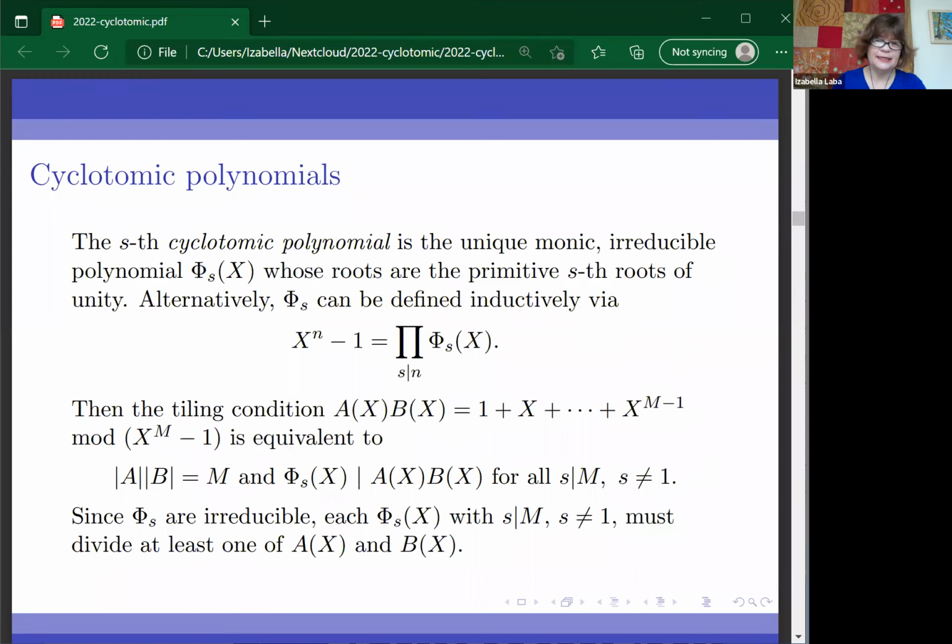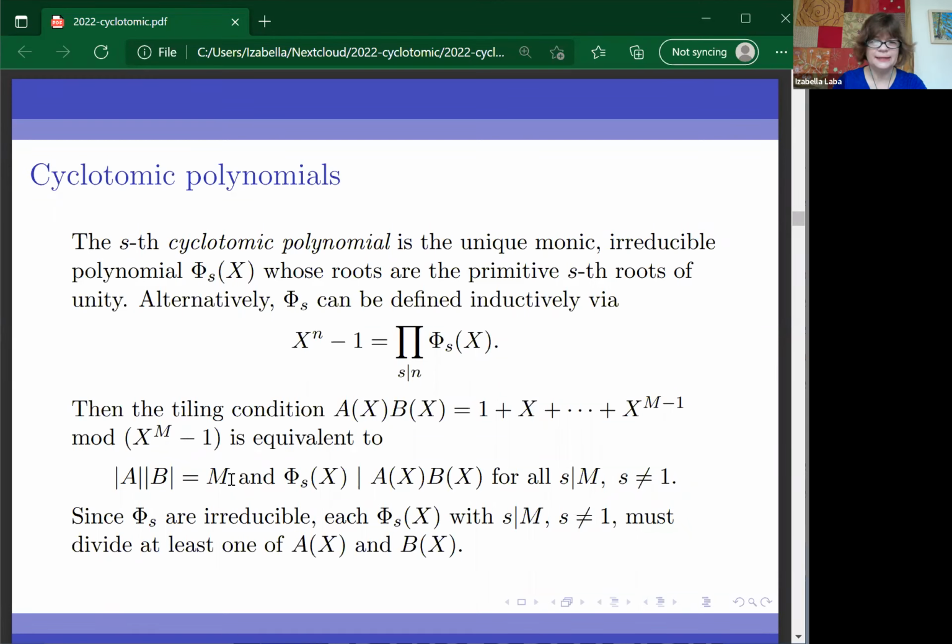Then the tiling condition here is equivalent to saying that the cardinalities satisfy |A||B| = n, and Φ_s divides A(x)B(x) for all s dividing n and different from 1.